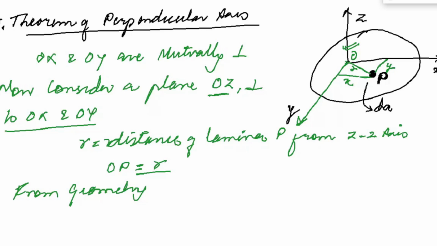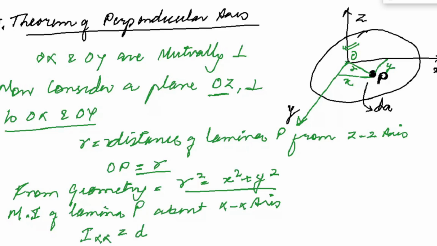And we also know the moment of inertia of lamina P about the x-axis will be given as, as we have earlier done for Ixx, the elemental area dA of lamina P multiplied by distance. If we are talking about xx, then the distance will be y square.